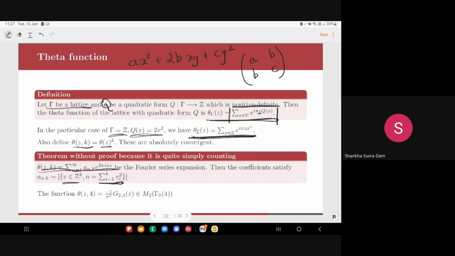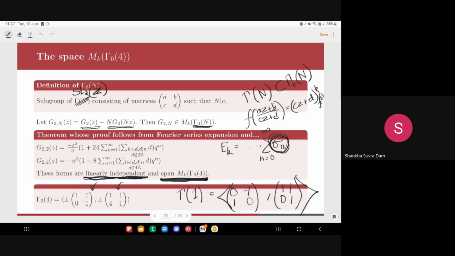This is also again by just simple calculations and taking note of the terms. It can also be verified that theta_4(z) is just minus 1 by pi squared G_{2,4}(z).